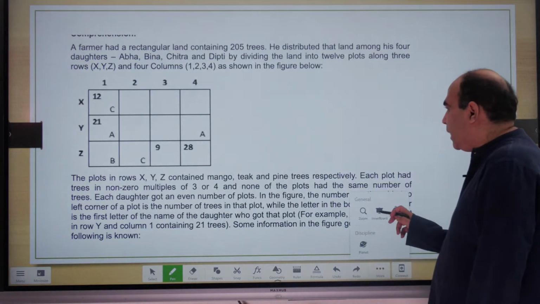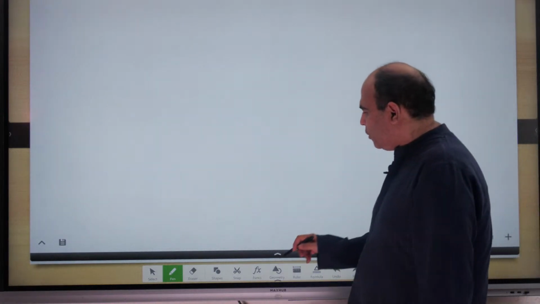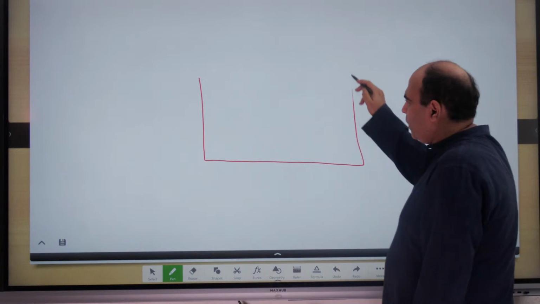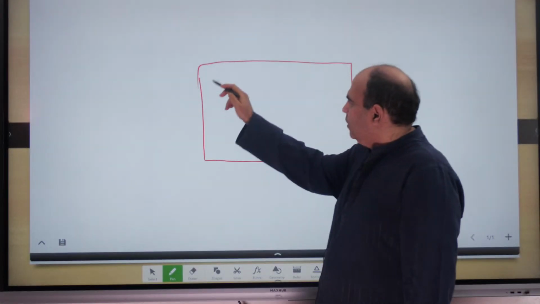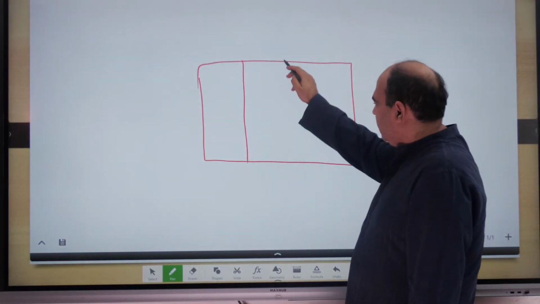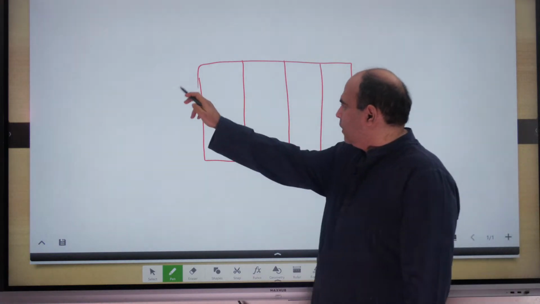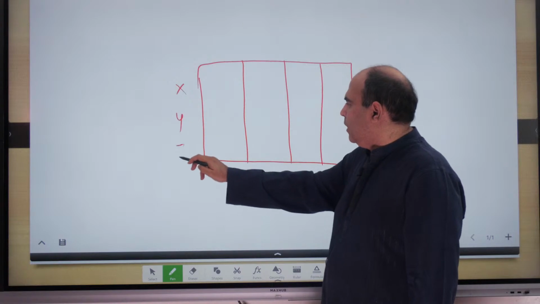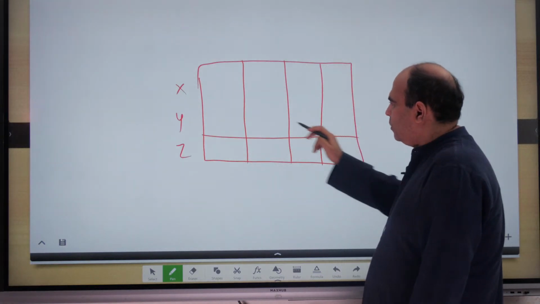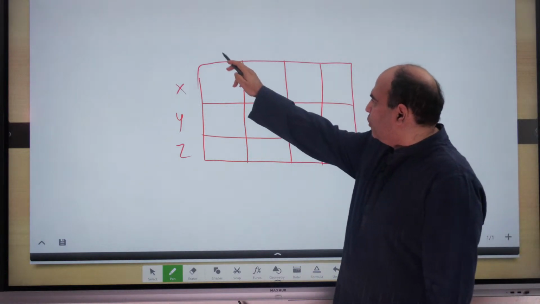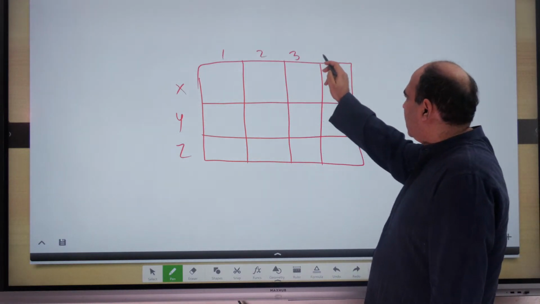Obviously inside the exam this will be on your screen, so you'll have to draw that structure in some way. So X, Y, Z are the 3 rows, and the 4 columns are 1, 2, 3, 4. That's your starting point.